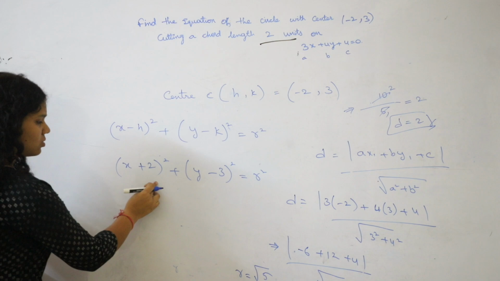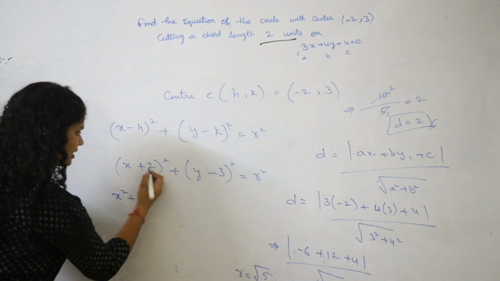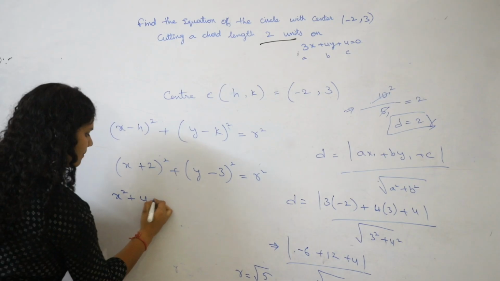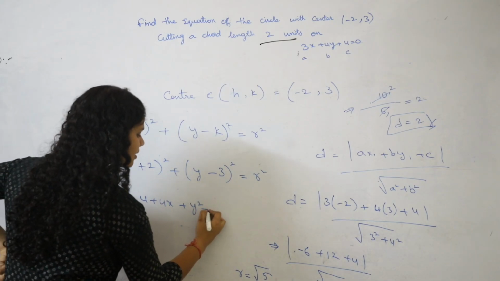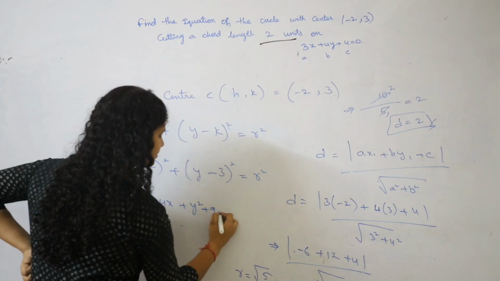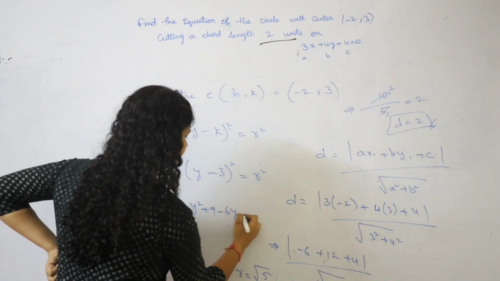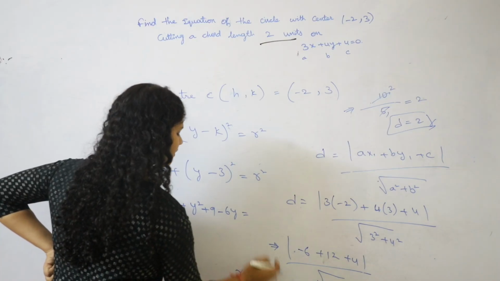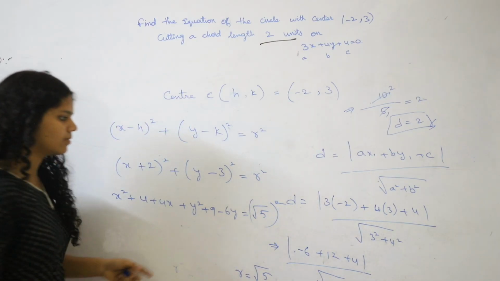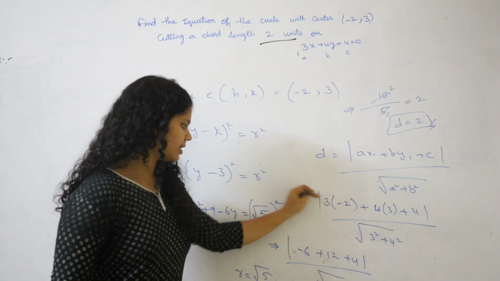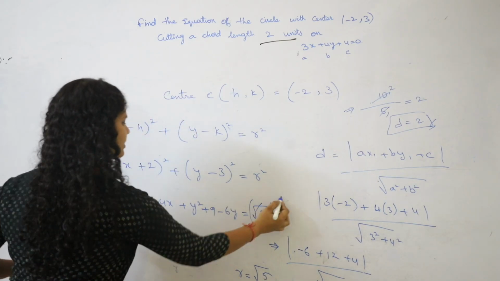x plus 2 whole square is a plus b whole square, which is a square plus 2ab plus b square. What is the value of r? r is root 5, so r square is root 5 whole square, and the square root gets cancelled, giving 5.